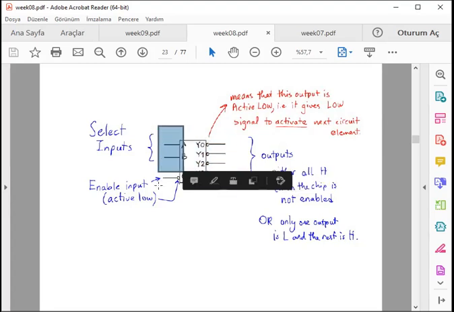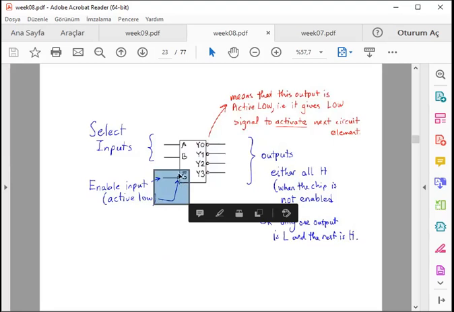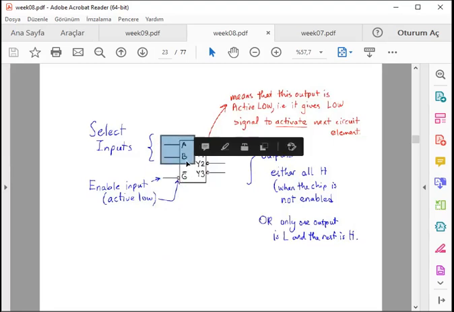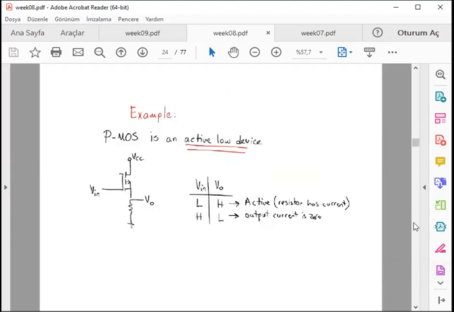Whenever this device is enabled at the G bar input, which is an active low input, then depending on the selection inputs, exclusively one of the 4 outputs is selected to become low. So this is the truth function of the device at the outputs to designate the active low.